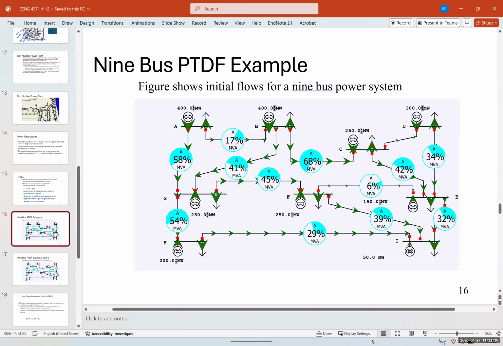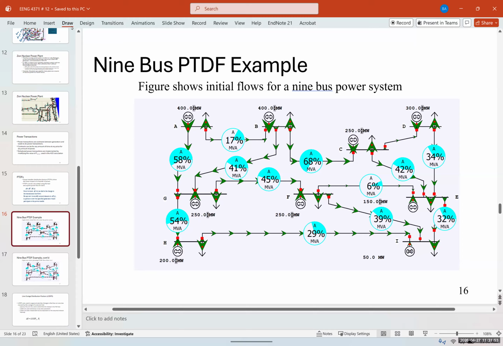Now this slide shows a 9-bus PTDF example. And this slide is showing the initial power flows on each line before any transfer. Just take a minute to note the baseline flows. You can see the flows. When we apply a transfer from bus A to bus I, do you see bus A and bus I?